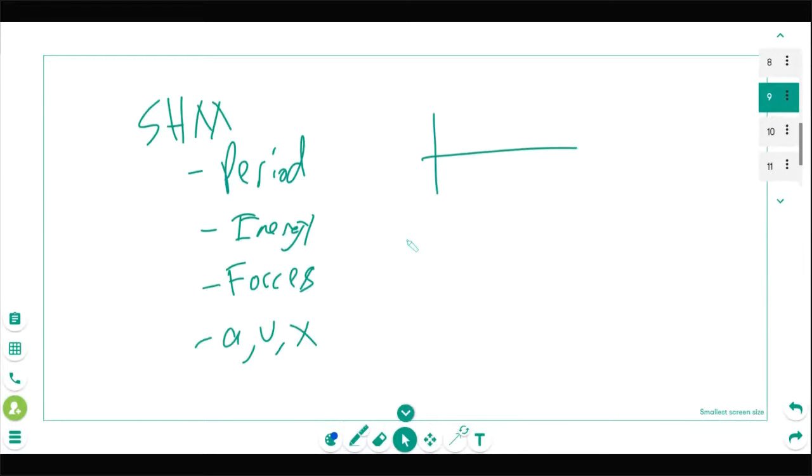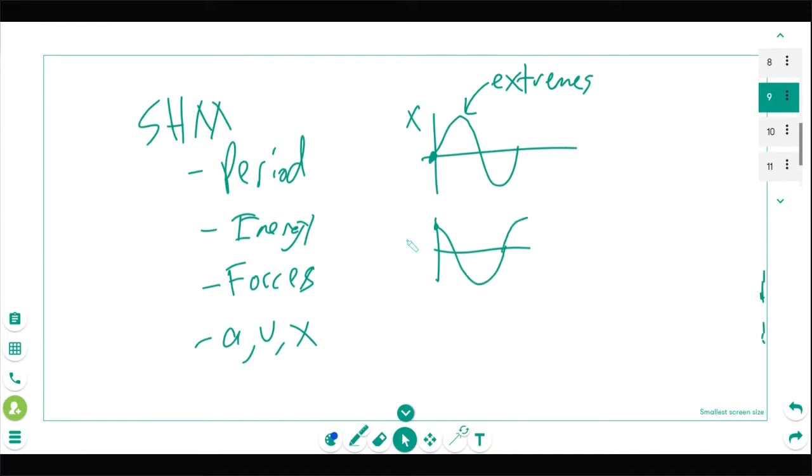Like your acceleration will be 0 at the equilibrium, then go up high and down low and around, stuff like that. So this would be the extreme. That's your x. Your velocity graph would start off moving fast at the equilibrium position, down to 0, back up, kind of like that.